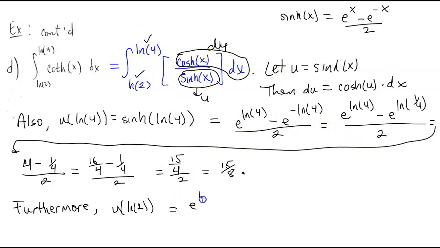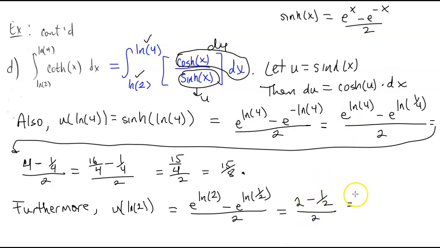So here we'll have e raised to the natural log of 2 minus e raised to the natural log of 1/2, all that over 2. So that's going to be the same, which should just be 2 minus 1/2, all that divided by 2. So 2 minus 1/2 gives us 3/2, and we halve the 3/2, and that'll give us 3/4.